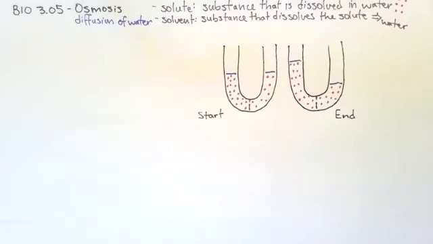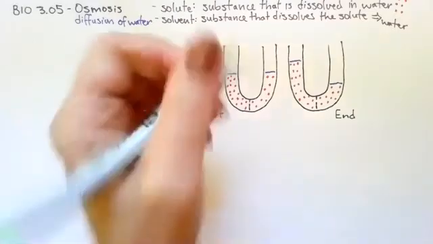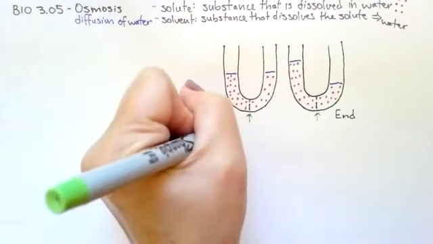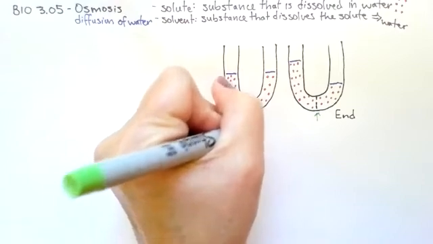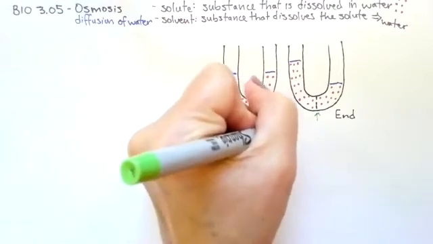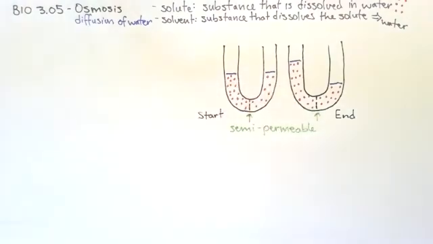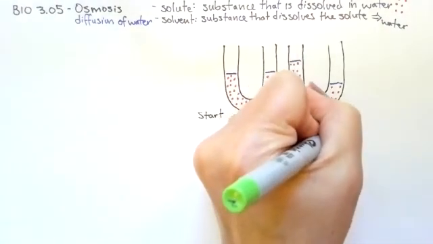Let me label what I have going on here. This is what is called a semi-permeable, P-E-R-M-E-A-B-L-E, semi-permeable membrane.